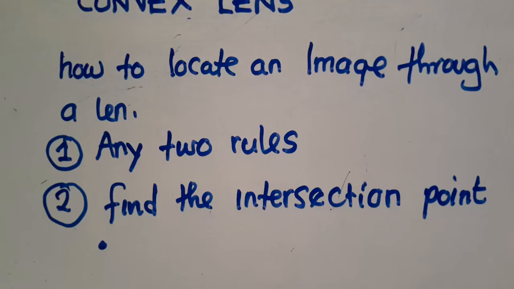The other point is that if the refracted rays do not meet or do not intersect, it means that the image is at infinity. This is what you need to understand.